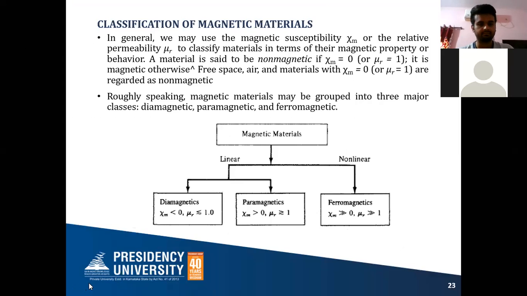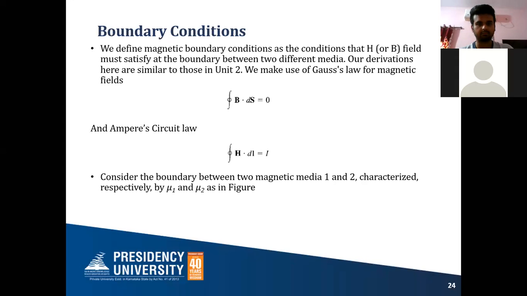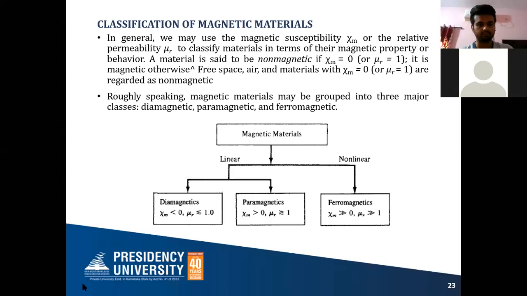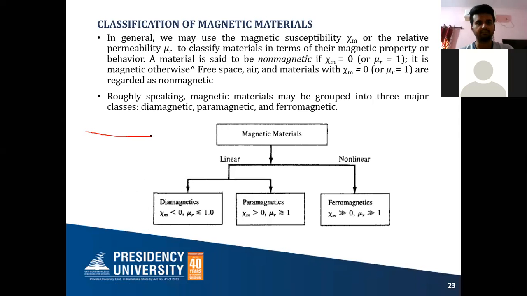I'll draw here. See, suppose this is a magnetic material. In this magnetic material, many dipoles will be there. Dipoles means what? Small north pole, south pole magnets will be there.